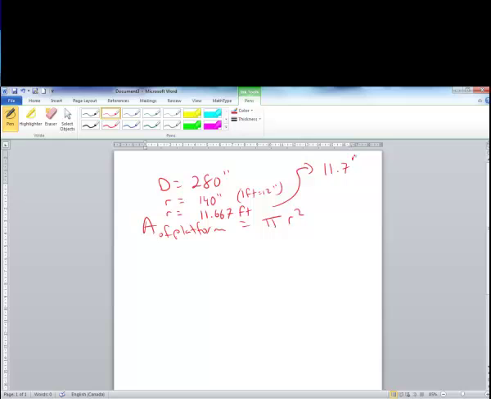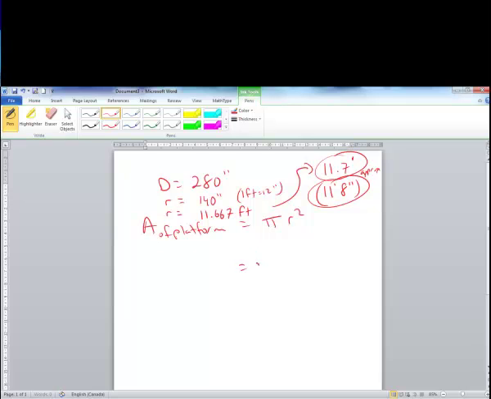I could change that in, saying that 0.667 feet times 12 inches a foot is 8 inches, so it's really 11 foot 8 inches. However, that's not easy to calculate with, so I'm going to say 11.7 feet approximately. So that's the radius.